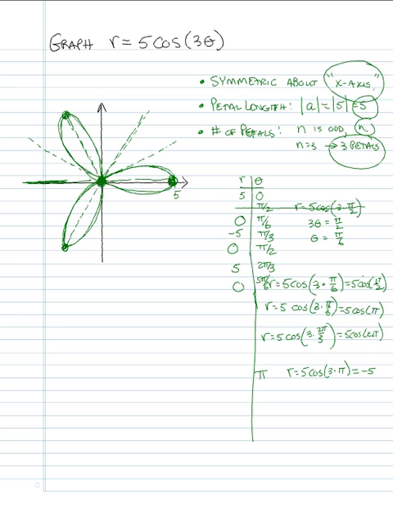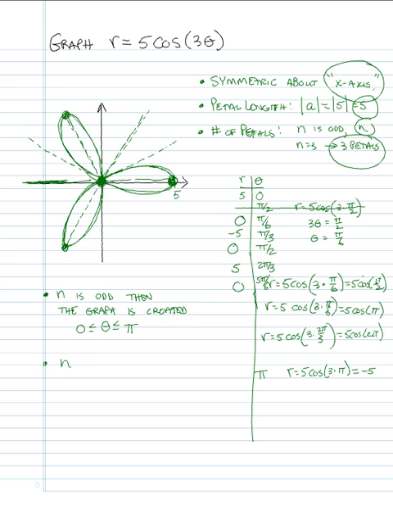for our angle, okay? So I'm going to make another note here for you to be aware of. That if n is odd, then the complete graph is created with theta between 0 and pi.